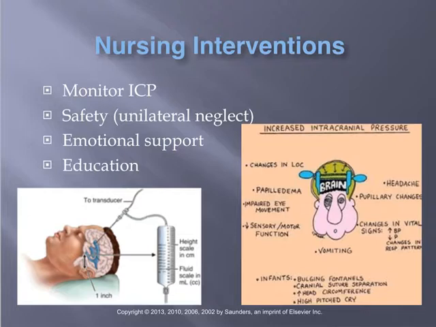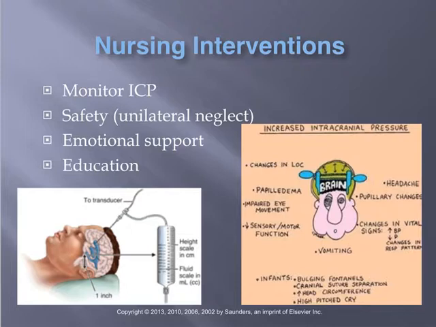With increased intracranial pressure, remember that the drugs of choice are hypertonic solutions or mannitol. Mannitol is an osmotic diuretic that is indicated for increased intracranial pressure, and you have to use a filter needle when you're drawing this up because it can have little particulates in the solution that needs to be filtered out.